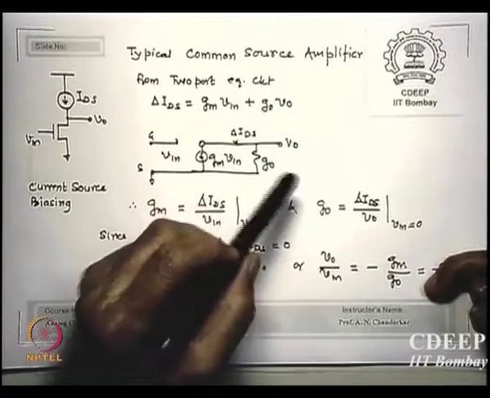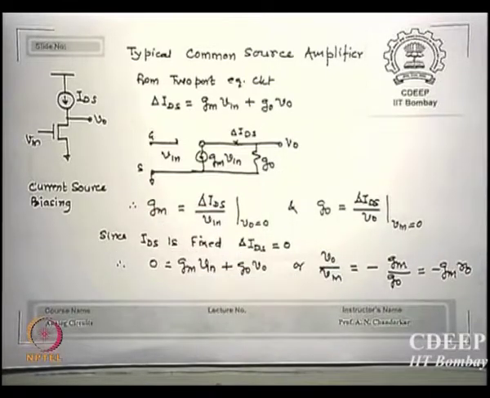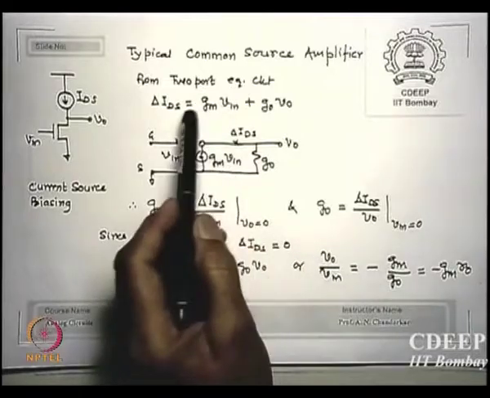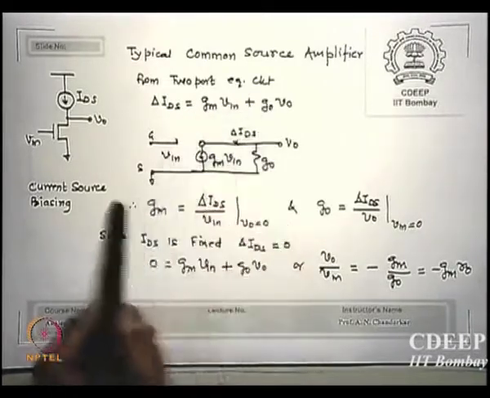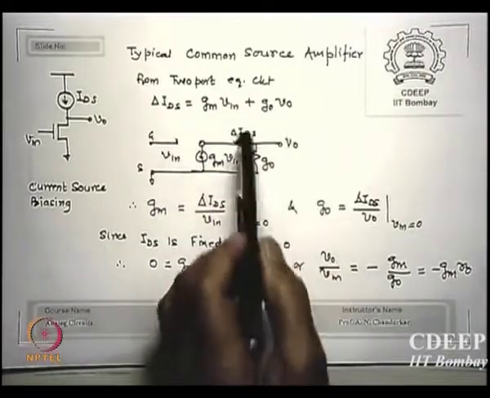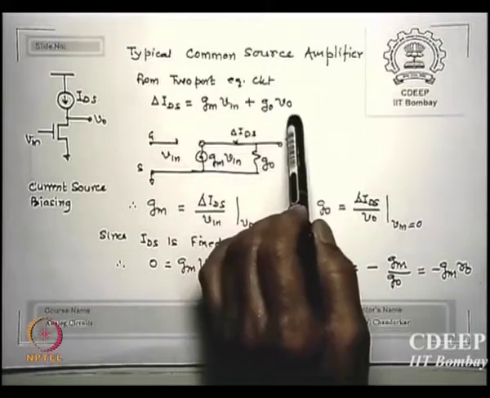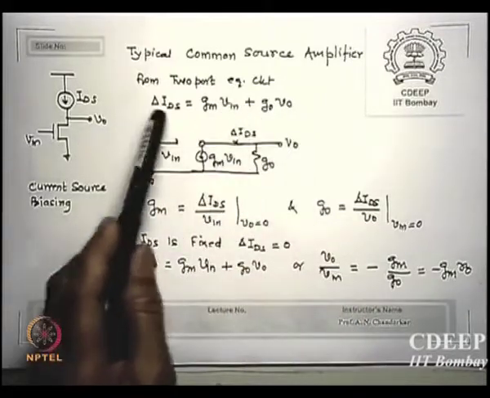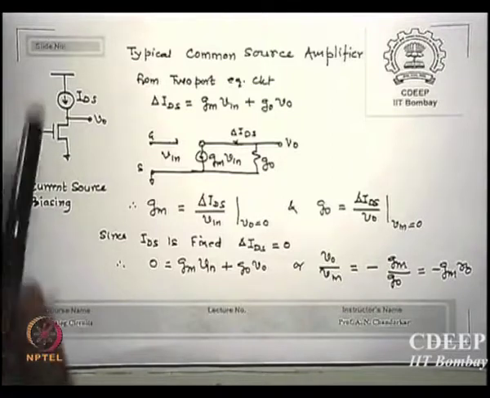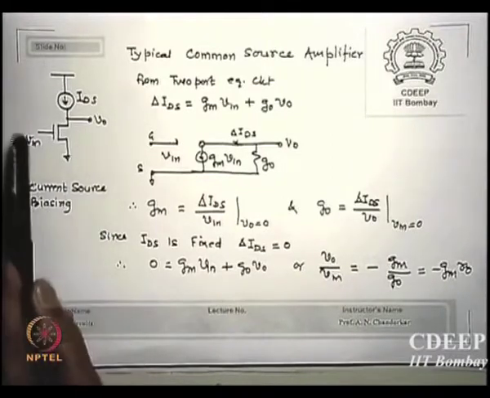This is the 2-port equivalent network, G0, Gm VGS, R0. R0 is 1 upon G0. You can see the figure here. So Gm Vin plus G0 V0 is delta IDS, the change in current through the transistor if I apply Vin.